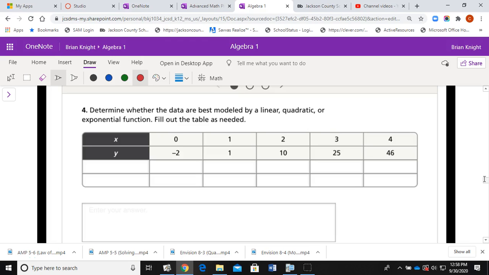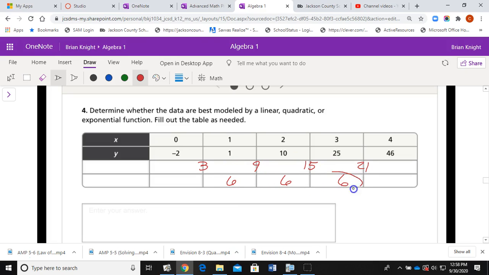So this one's going up by what? 3 and 9, 15, 21, right? So is it linear? Nope. All right, let's try this one. That would be 6, 6, and 6.